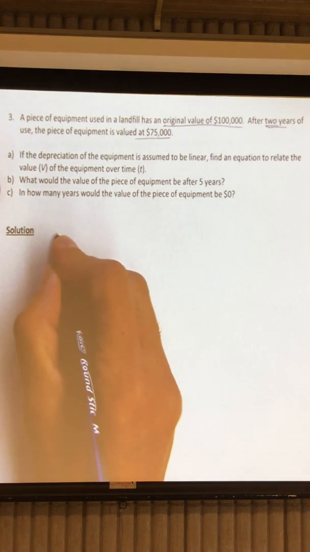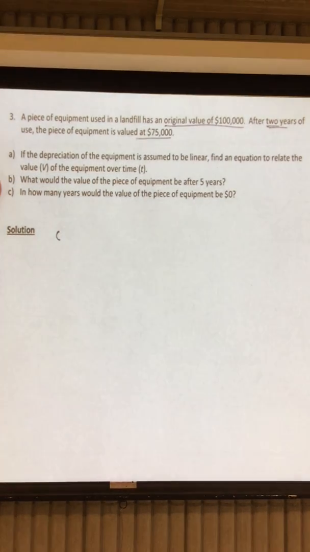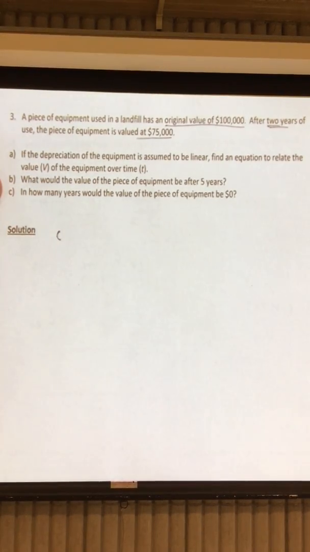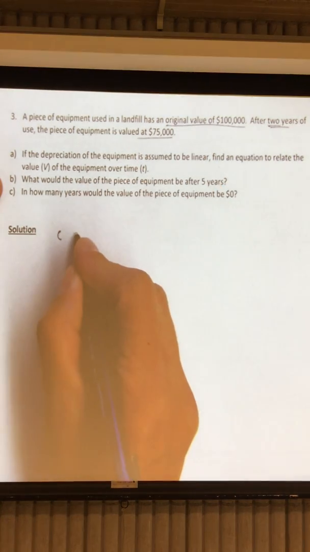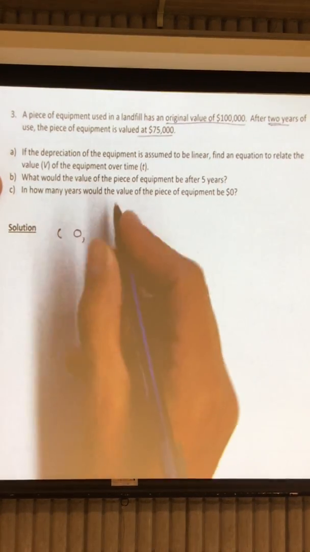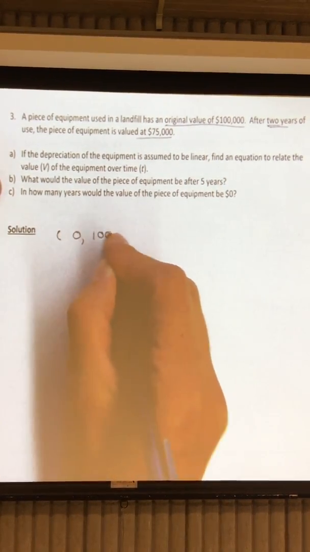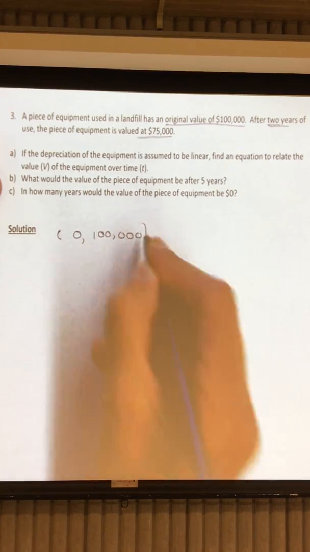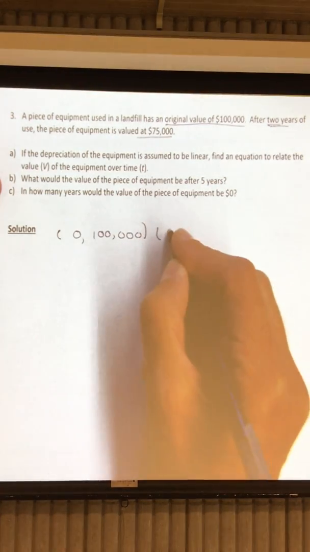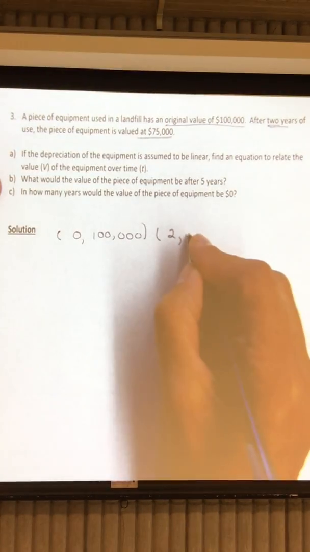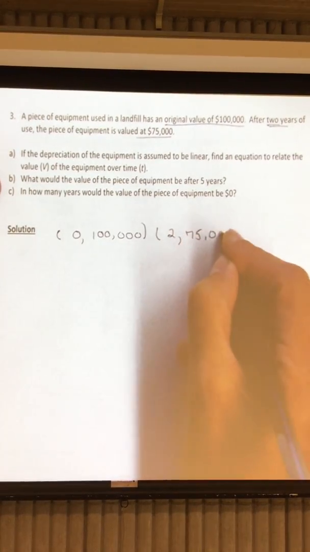So first of all, let us determine our points. Our first point here is an original value at time 0 is 100,000. And then after 2 years, the price is 75,000.